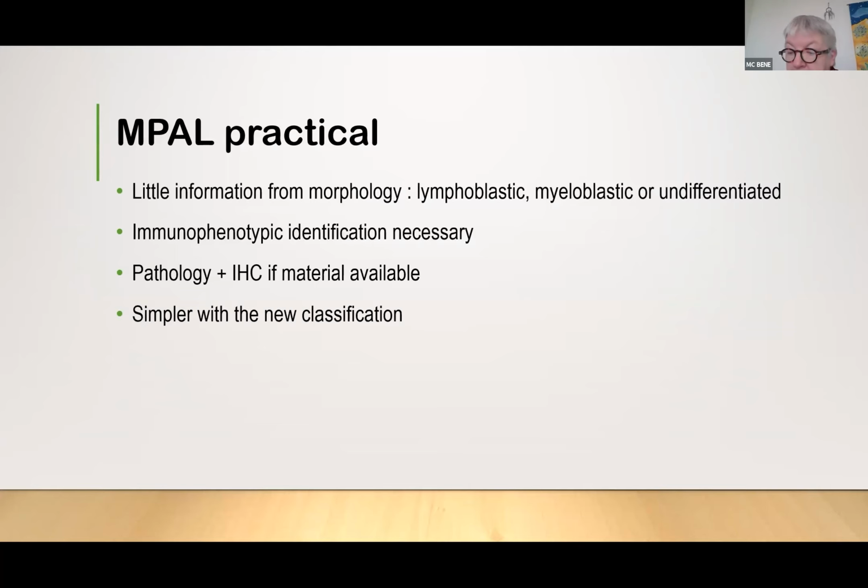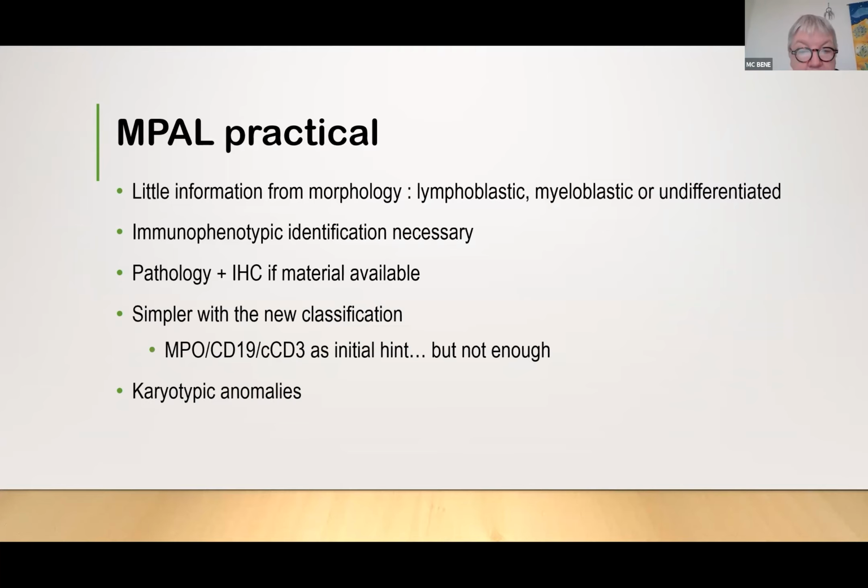It's simpler to identify them with the new classification that was published in 2016 in the new WHO book. So you can use the intracytoplasmic tube with MPO, CD19, cytoplasmic CD3 as an initial hint. You can also use CD79A in this tube, but it's not enough. You need to have more markers to make the proper identification.